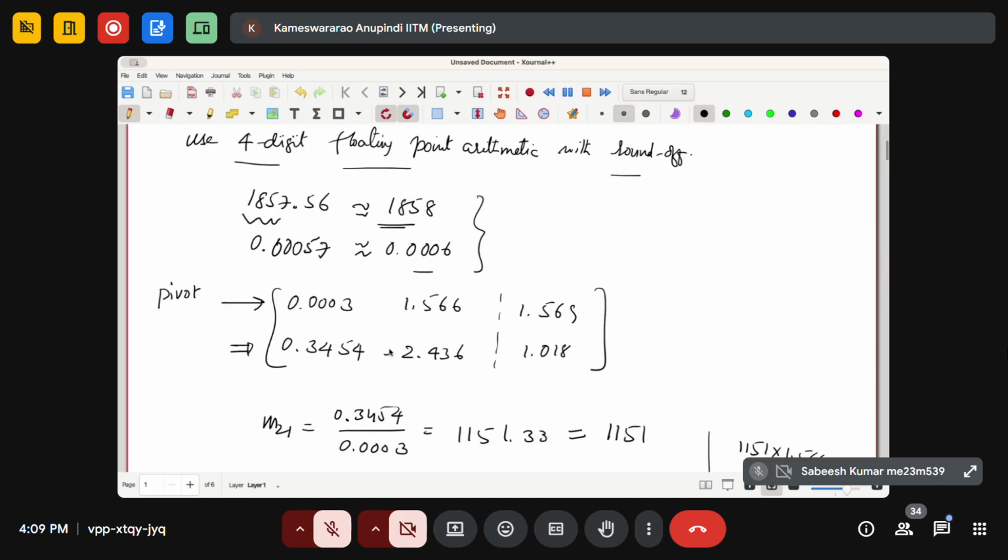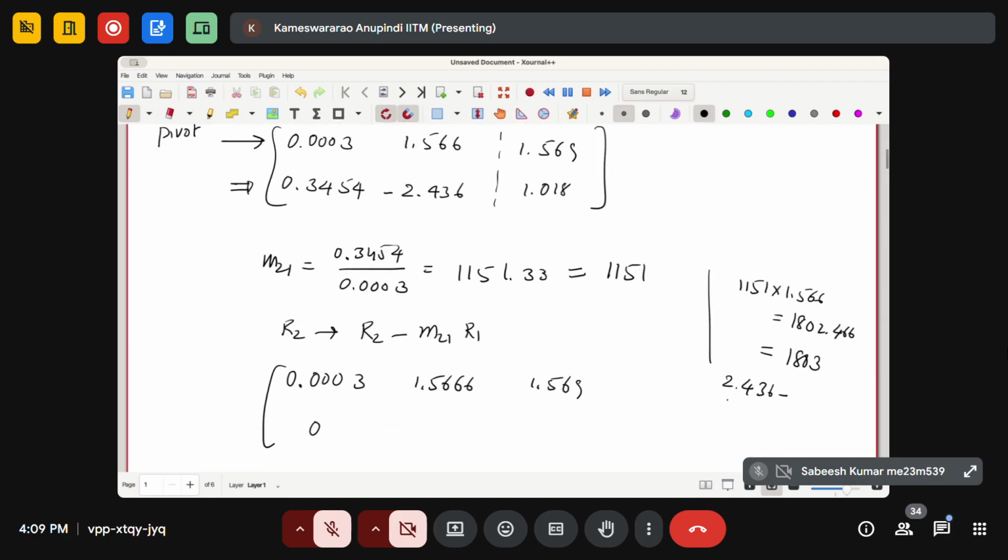So I have minus 2.436 minus 1803, which is going to give me minus 1805.44. Okay, that means it's going to be minus 1804. So I'll write this as minus 1805 is what I'm getting.